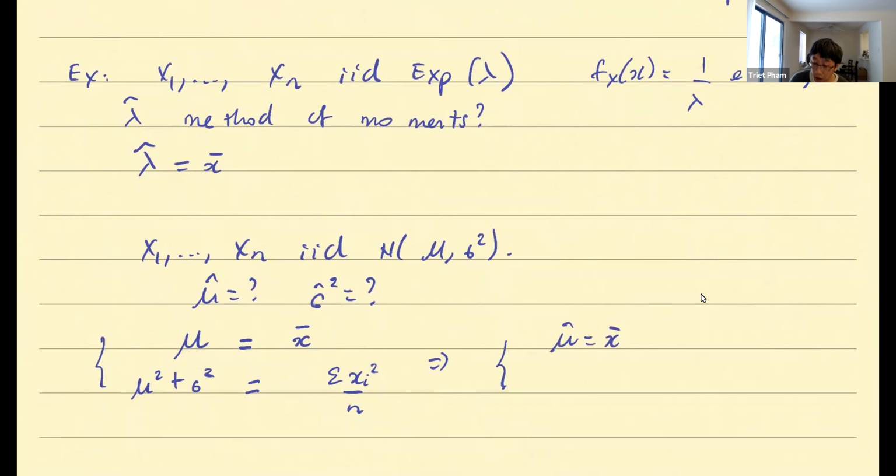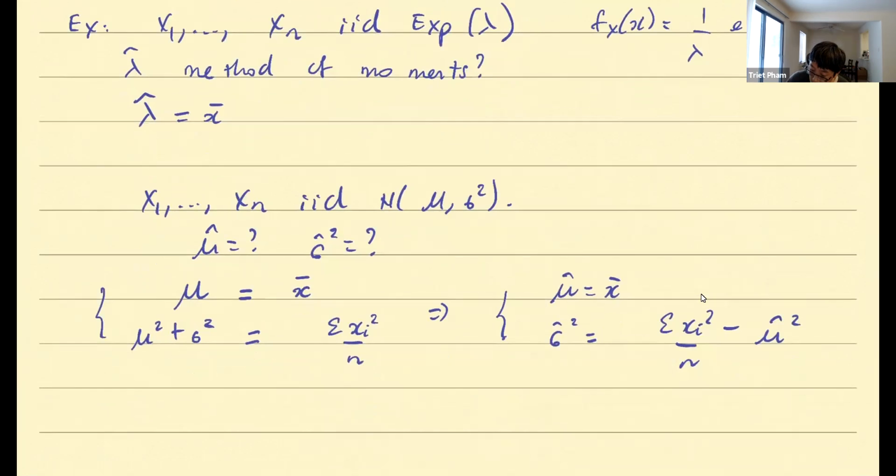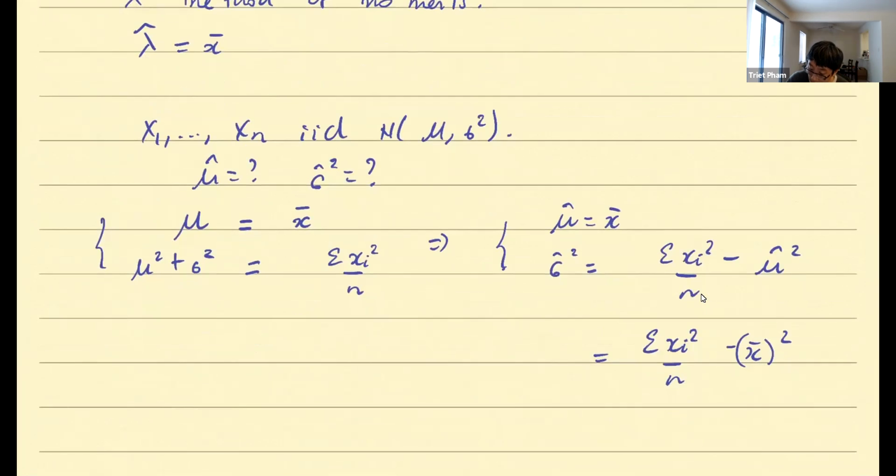Because mu hat is x bar, then what's sigma hat? Sigma hat squared is then this minus mu hat square, which is x bar square. But as we have said, this is like that.